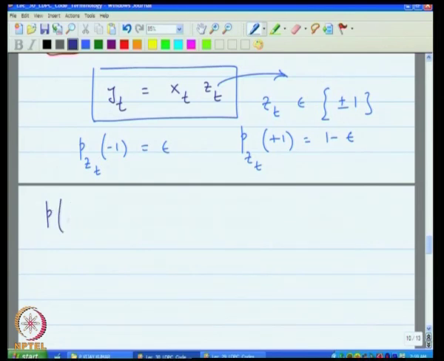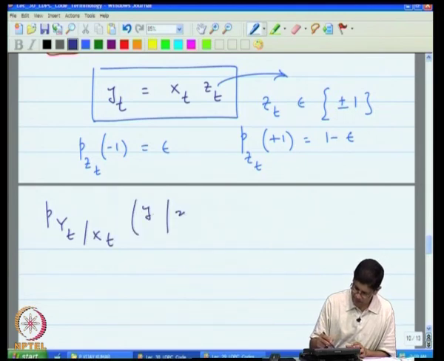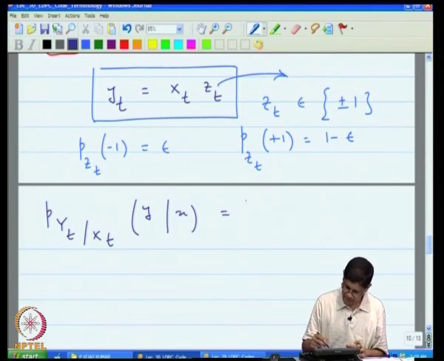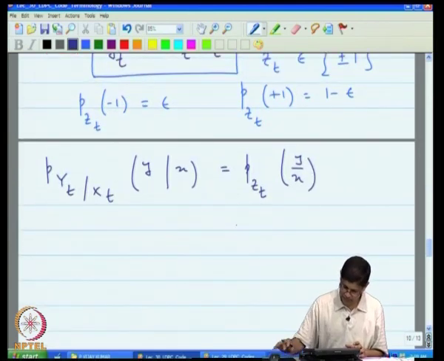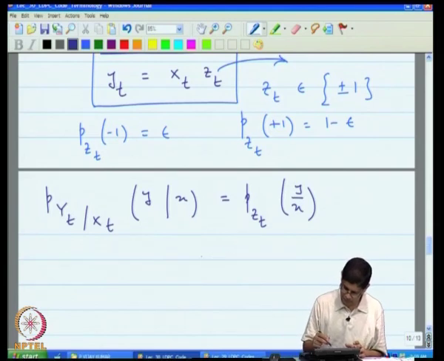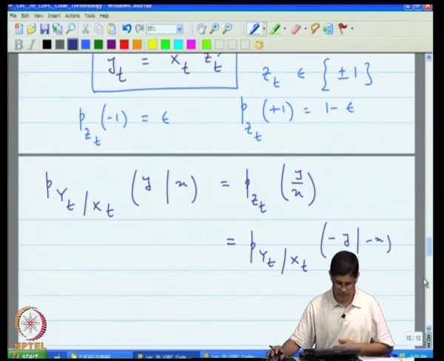P of y t given x t of y given x is again P of z t given y by x, okay, which is equal to P of y t given x t of minus y given minus x for exactly the same reasons as before.